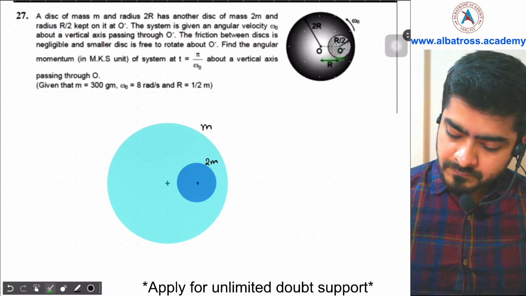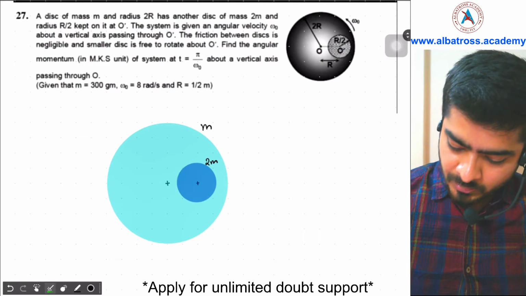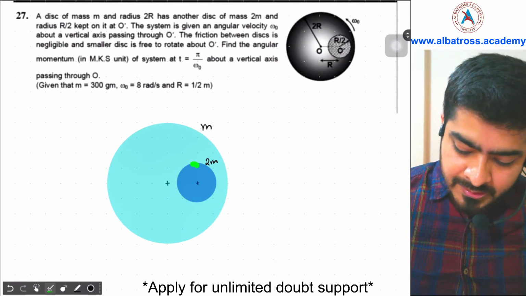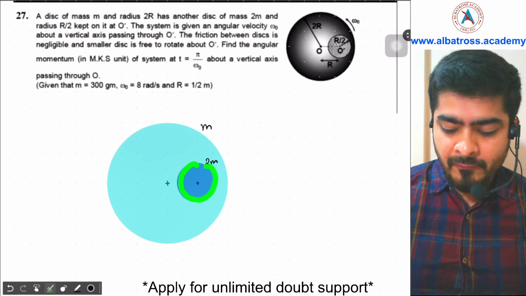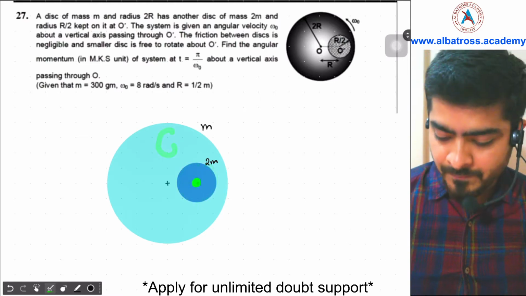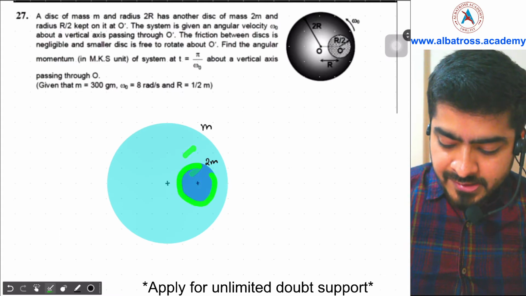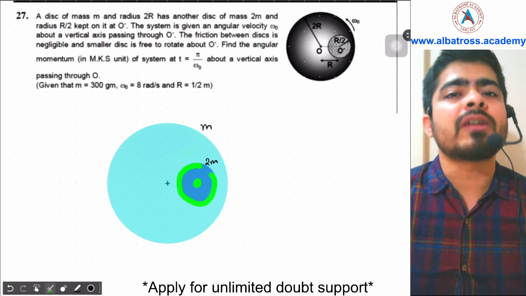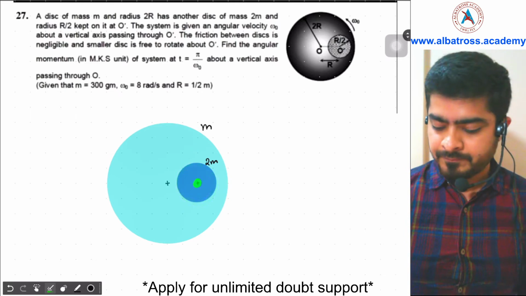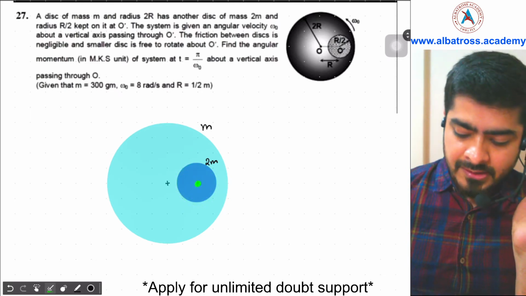Now, the question is not 100% clear, but what we can understand from the question is that this disk is fixed on the bigger disk about its center O dash. There is no friction between the two disks, but the smaller disk can rotate about this point on the bigger disk. That means the disks are attached to each other at this point.